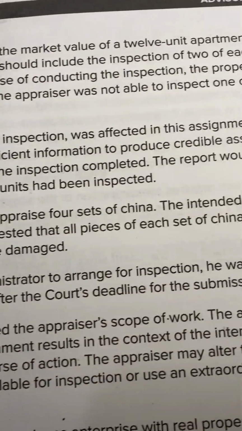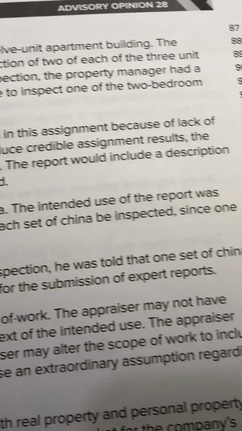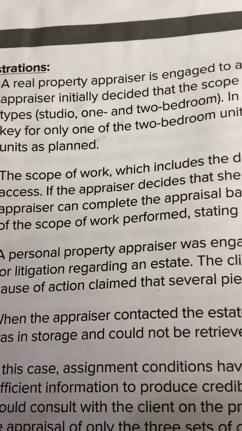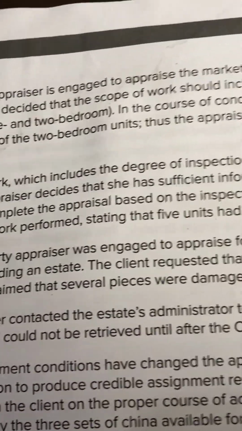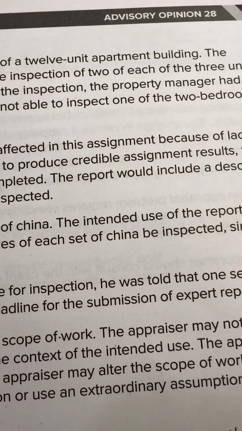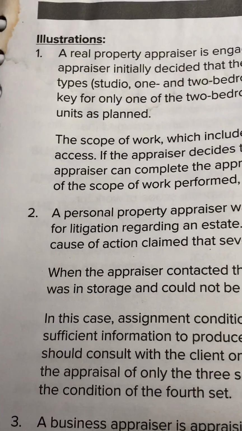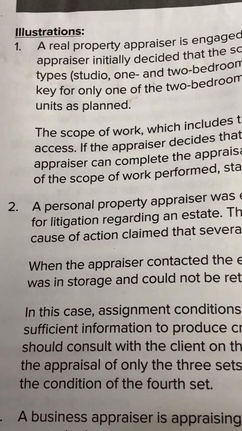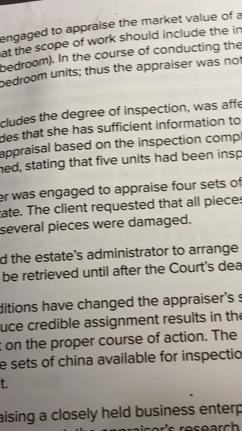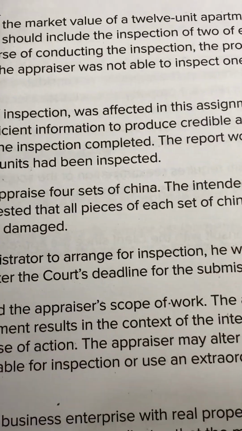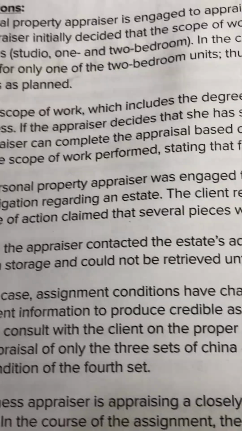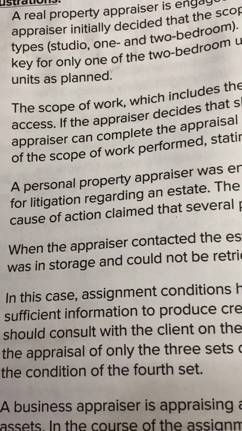In the course of conducting the inspection, the property manager had a key for only 1 of the 2 bedroom units. Thus, the appraiser was not able to inspect 1 of the 2 bedroom units as planned. The scope of work, which includes the degree of inspection, was affected in this assignment because of lack of access.